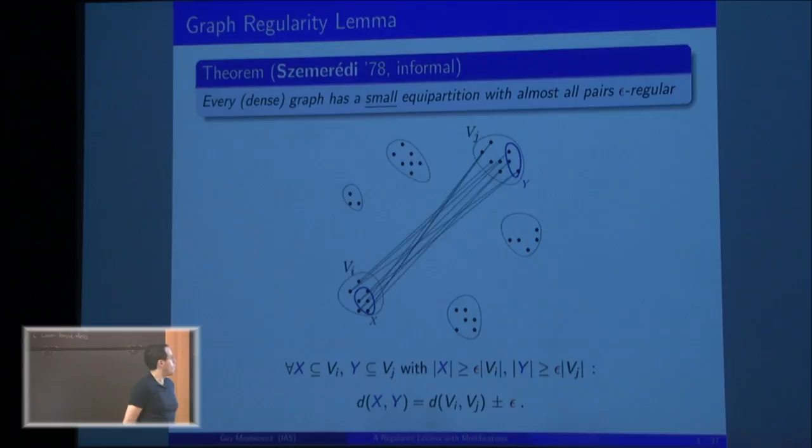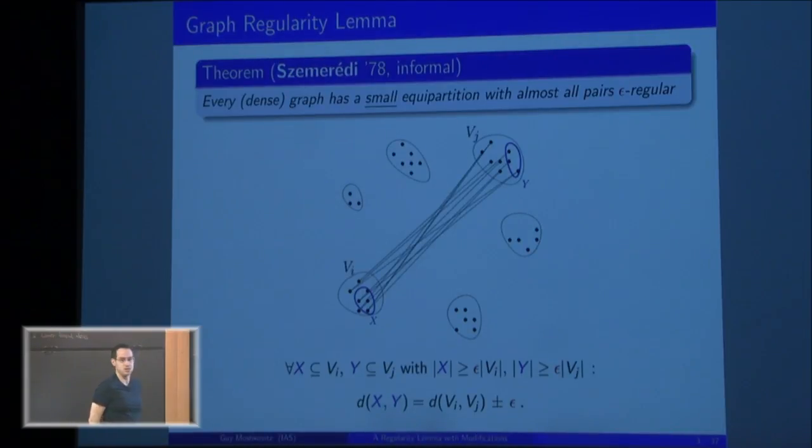Right. So by the way, why do I write every graph, but add dense there in parentheses? If the graph is not dense, then the size of the partition is not so small. I'll explain in a minute, but if the graph is not dense, it's true. I'm not saying it's not true. This is why dense is in parentheses, but it's not interesting.